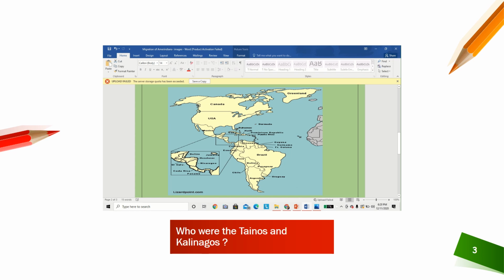Once in the Caribbean, the Tainos occupied the Greater Antilles and the Bahamas. They were followed by the Kalinagos, who were always in pursuit of them, and the Kalinagos largely occupied the Lesser Antilles.